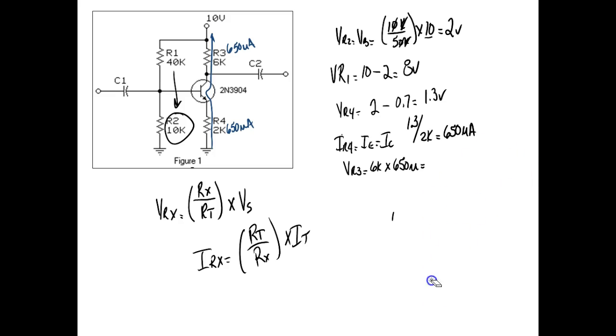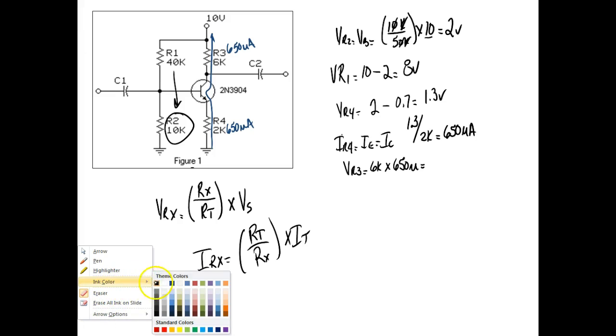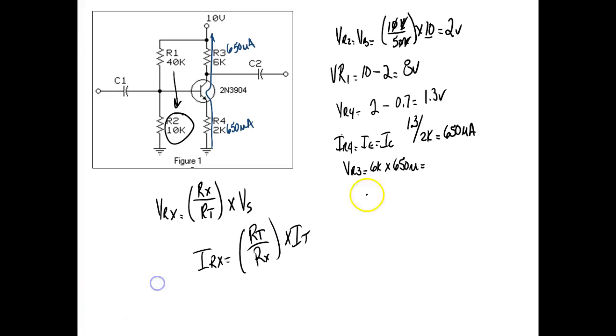So what would be the voltage drop across R3? 3.9 volts? So now I can solve for VC. VC is going to be equal to 10 volts minus 3.9 volts.